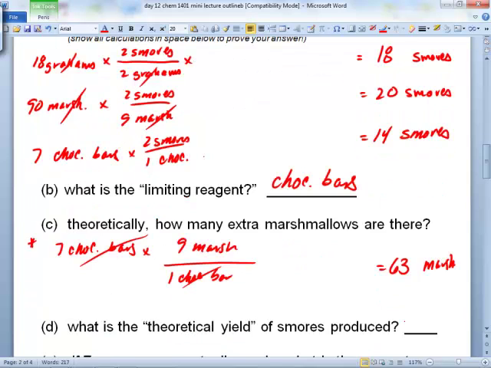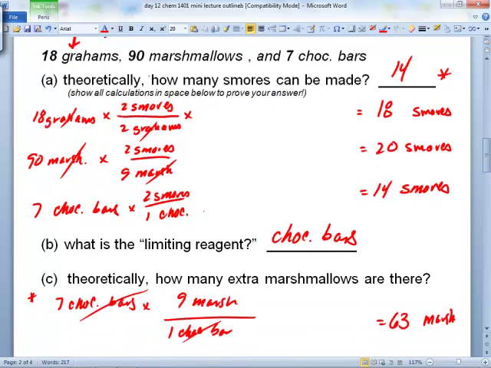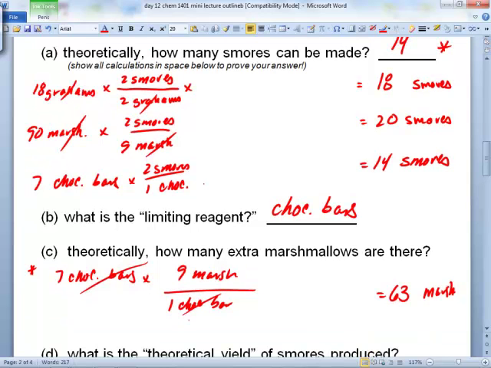So left over, do you see where I got it? So 63. What's 90 minus 63? 27. Thank you very much. So the number left over would be 90, whatever you had, minus 63, and it's 27.